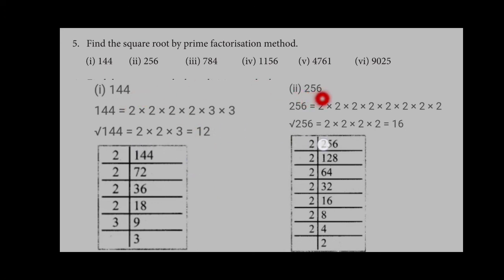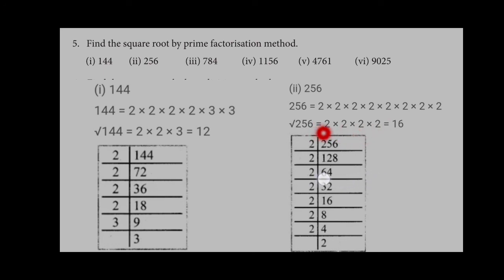Here 256 is there. If we use this method, the prime factorization method, we will get 2 into 2 into 2 into 2 into 2 into 2 into 2 into 2. So how many 2s are there? 8 times. If you multiply the 2s, we will get 256. 8 times means if we pair them or take squares, it will become 4 pairs.